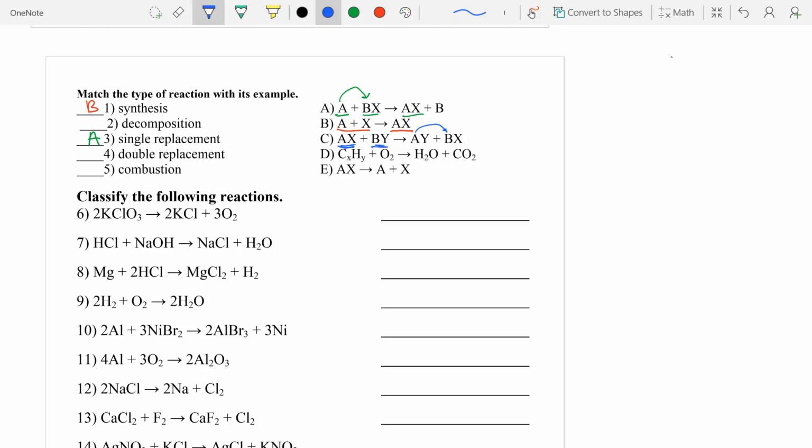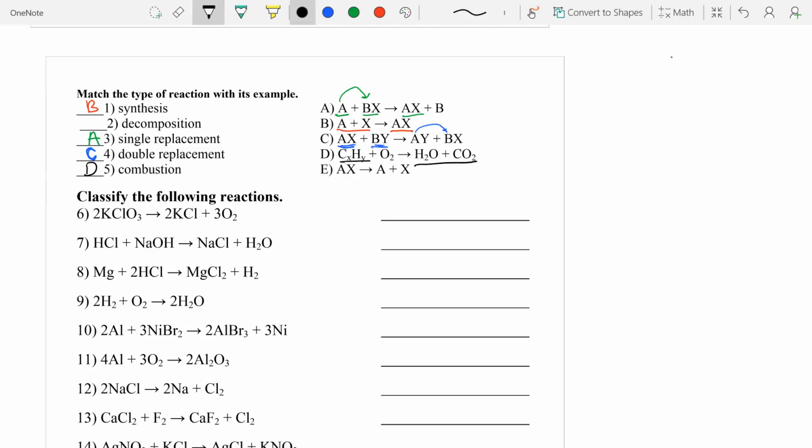When you swap places, that's a double replacement or a wife swap. And in letter D, we have water and carbon dioxide as products, and we have this hydrocarbon here. That automatically means it's the one that's going to go boom. So number 5 is D.